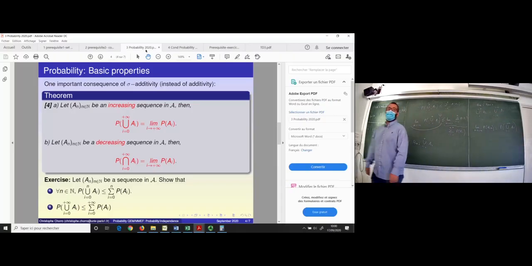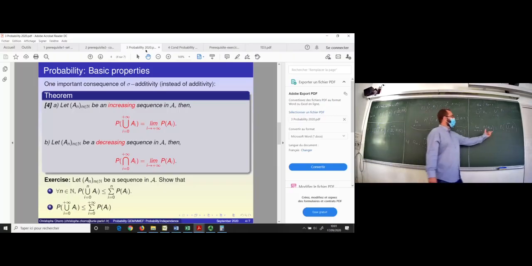So I have exactly what I want, because here you have the infinite sum, and the limit of this one is the limit of the Bn, which is equal to the probability of the infinite union.